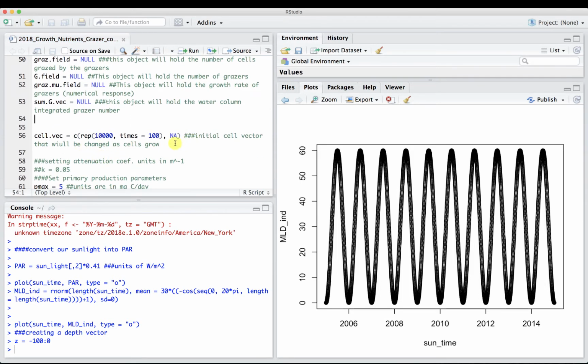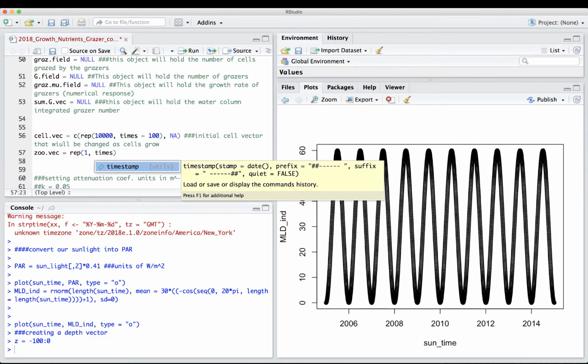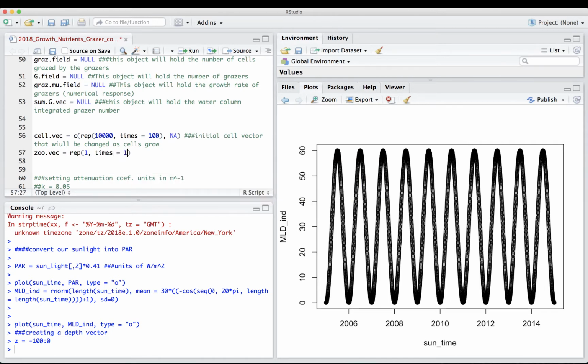And then here's where we start our initial cell vector. We're going to now do a zoo.vec. So this is our zooplankton. This is what our initial concentration of zooplankton will be. We're going to go ahead and repeat 1 and times is going to be 100. So basically I can just cut and copy this here.